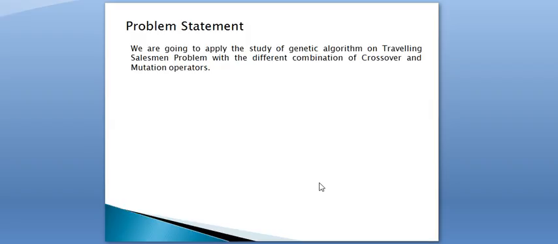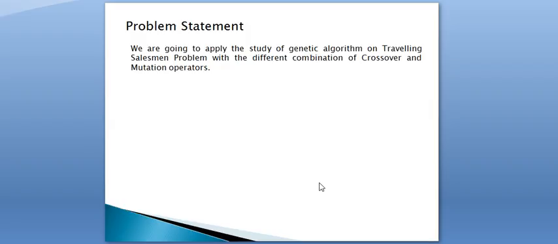So we are going to apply this algorithm. Before we go any deeper, we have to discuss the different phases of this algorithm, but we are going to do that in a later phase. We go with the two main phases, the crossover operators and the mutation operators.